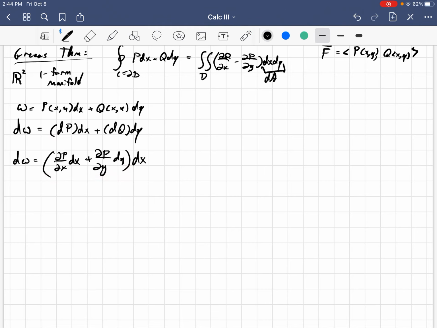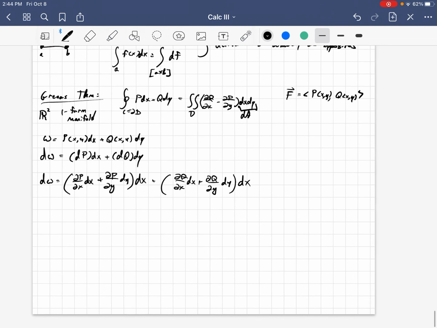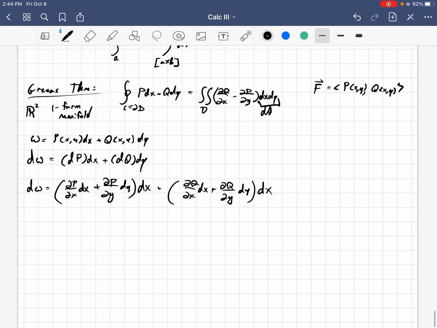This is the definition of the total differential. Plus the partial of Q with respect to x dx plus the partial of Q with respect to y dy, wedged with dy.